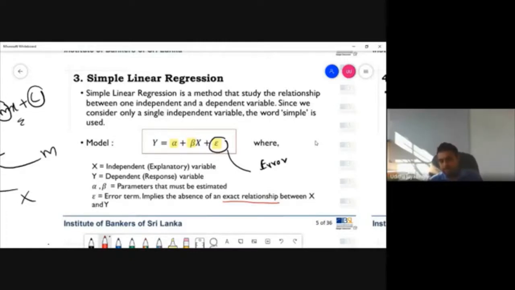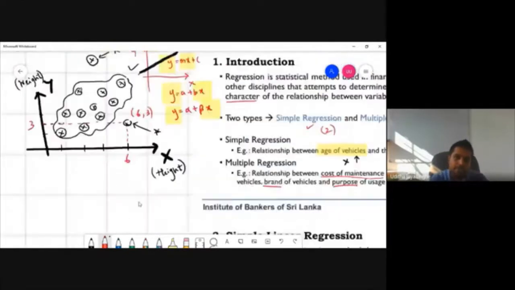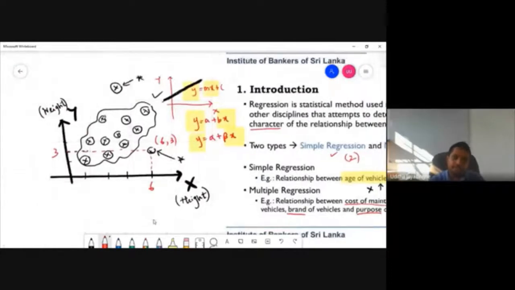So, if you can recall our scatters, let me scroll to one of them. Yeah. If I draw a line over this scatter, something like this, and then I try to explain this particular data point I'm highlighting here, how can I explain it? It's not on the line, isn't that so?